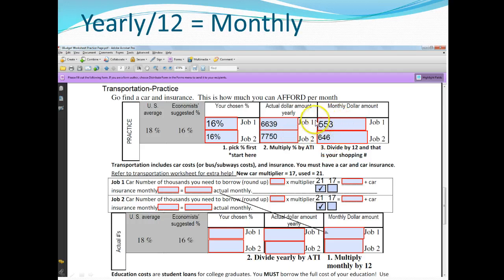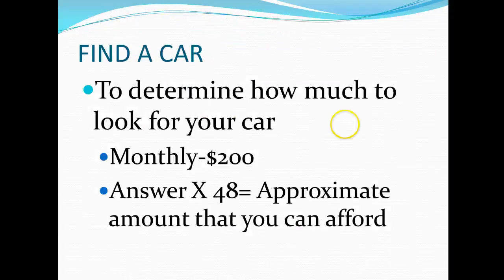So I have this amount here, and I need to go shopping, and you can afford to pay for car and car insurance about $550 and about $650. Now, one thing you want to do before you go shopping, here's the tip on how to determine how much car you can afford: first you take that monthly amount and you subtract $200.